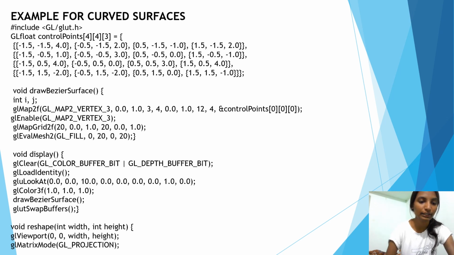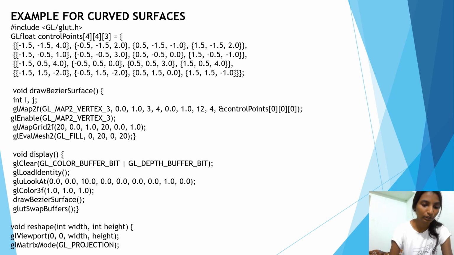The code uses the GLUT library for windowing and event handling. It defines a 4 by 4 array of control points that define a Bezier surface. Here first, the necessary header files are included.